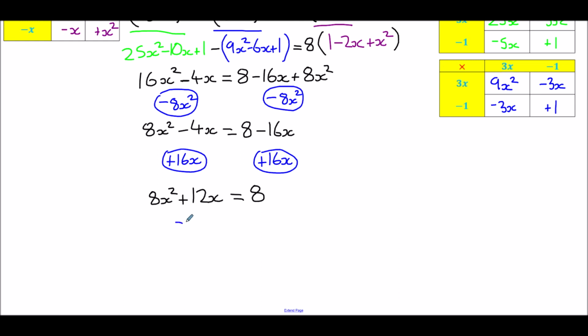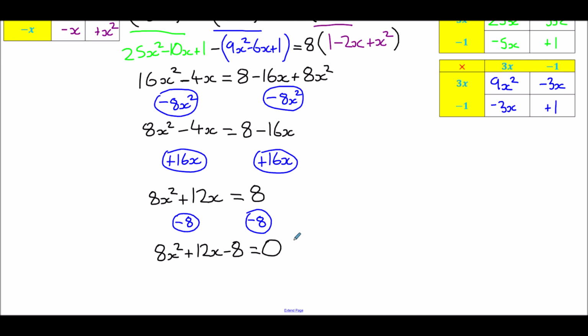If we now take away 8 from both sides, we'll now have it in a quadratic where it's all equal to 0, which is what we want. So now we have 8x squared plus 12x minus 8 equals 0.